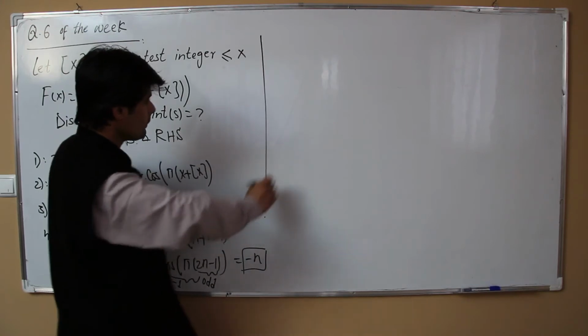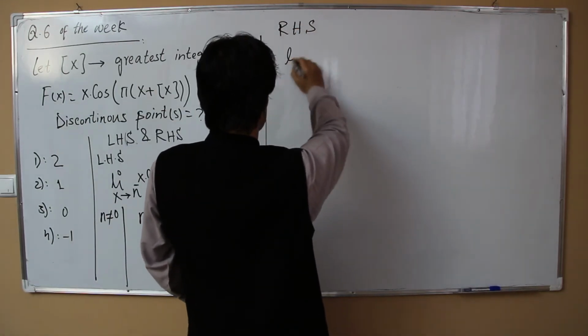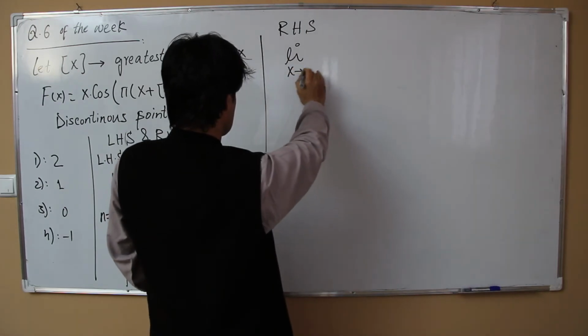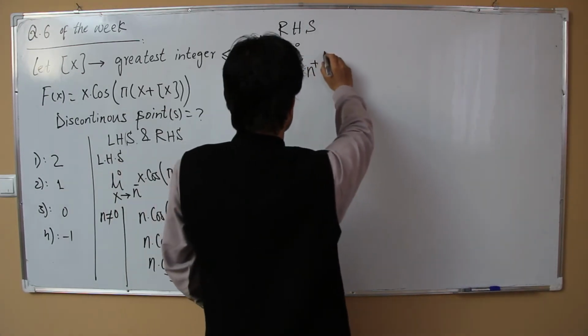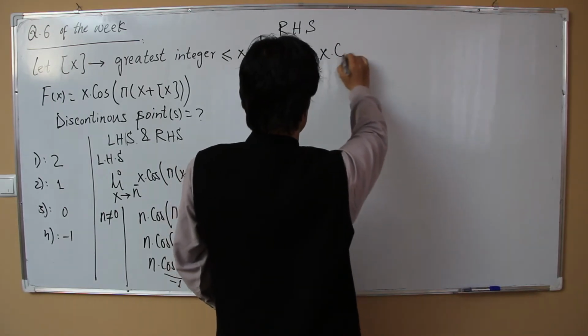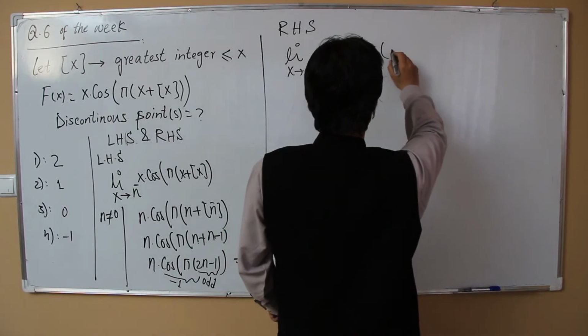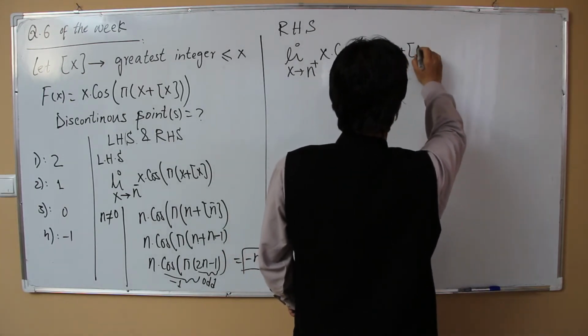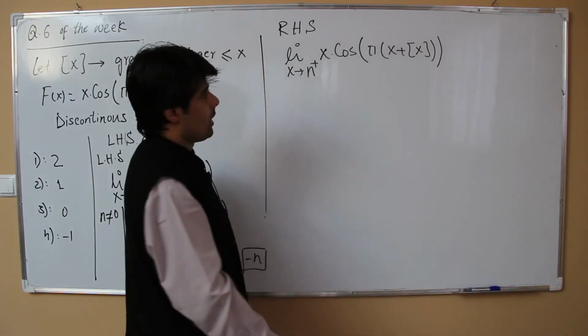Now come to the RHS. The limit as x approaches n from the right side of x cosine of pi times the greatest integer of x.